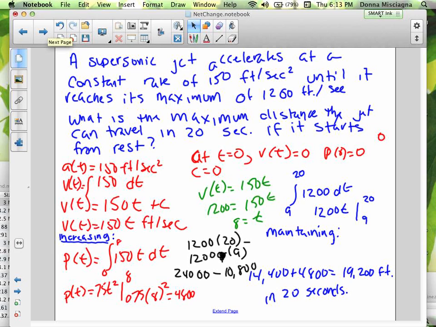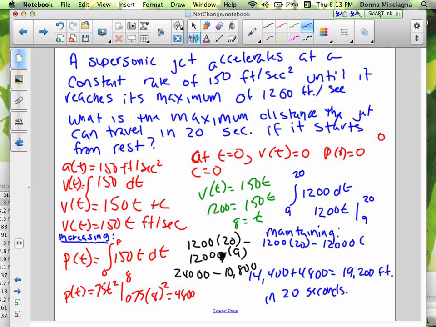There we go. All right, so it's maintaining 1,200 times 20 minus 1,200 times 9, which is going to give us 13,200.